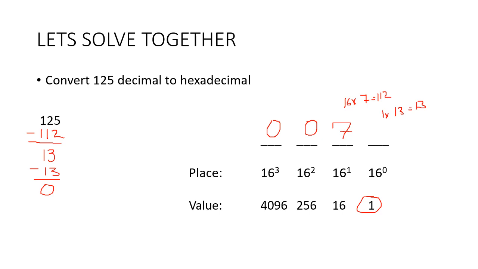Let me erase the 13, and in the place of the 13, instead, we're going to put a D. Remember, A is 10, B is 11, C is 12, D is 13, E is 14, and F is 15. So instead of putting 13 there, you have to put a D.